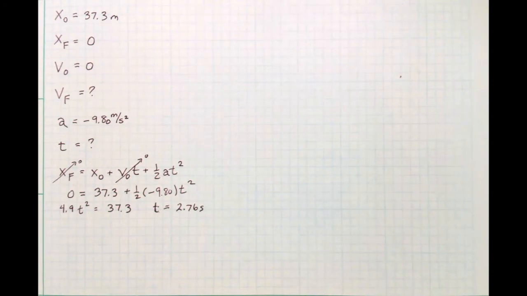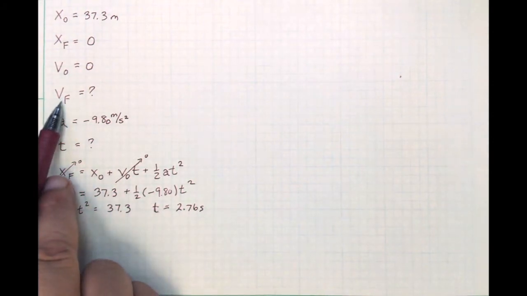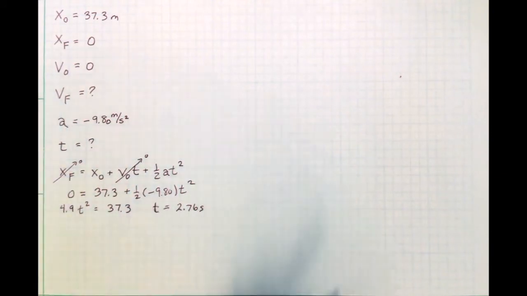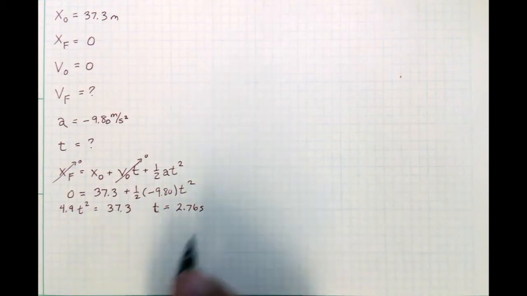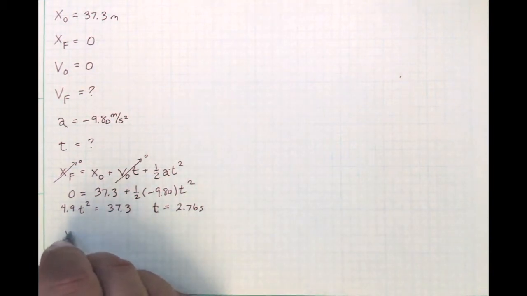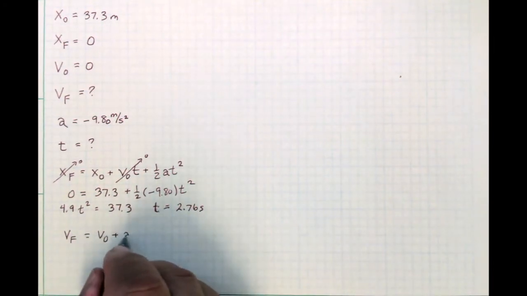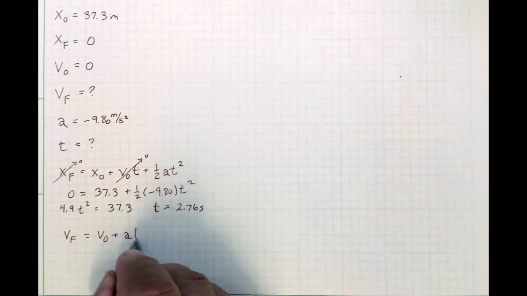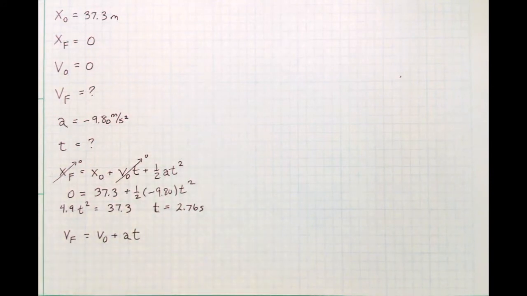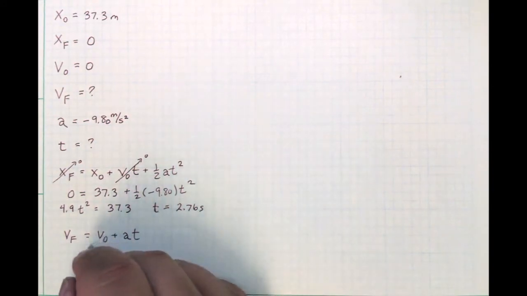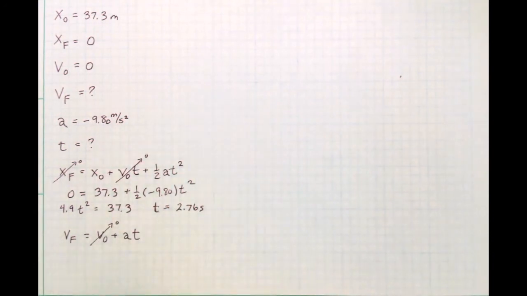We then address the second question: what is their final velocity just before hitting the ground? There are a couple of different ways that this can be accomplished. The most straightforward way is to say that the final velocity is the initial velocity plus the acceleration multiplied by the time, with the initial velocity being 0.